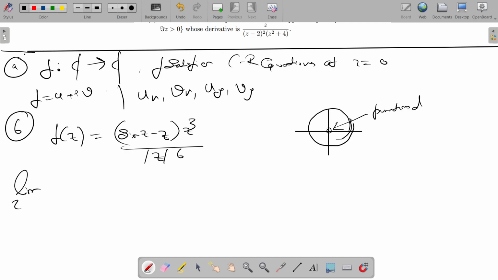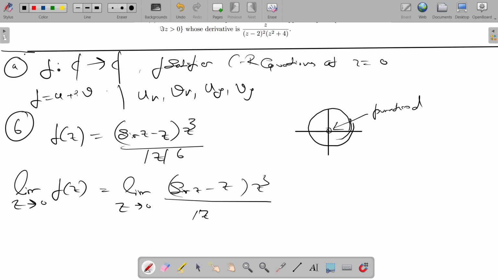The limit as z tends to 0 of f(z). We just need to find this limit, divided by mod z to the power 6. Now you notice that mod z to the power 6 is given, and we know mod z square is nothing but z times z bar.